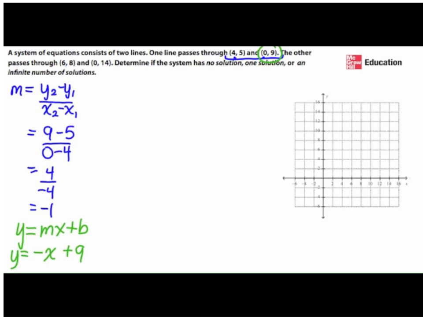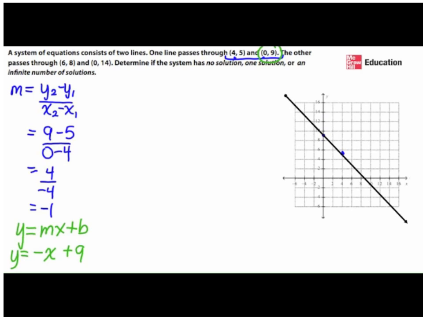So y equals negative x, or the opposite of x, plus 9, which gives us our y-intercept at 0, 9. Let's go ahead and graph this one that we've started in blue. We'll plot the point 4, 5, and the point 0, 9, and connect those two with a line.